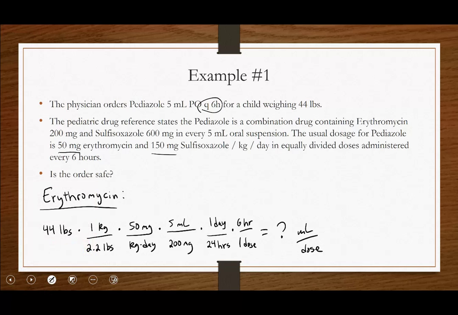Let's check off some of our units. Here we can see that the pounds will cancel, as well as the kilograms. We also see that the calculation for the day and hours will give us the milliliters per dose. With our computation here, we should get 6.25 milliliters per dose.